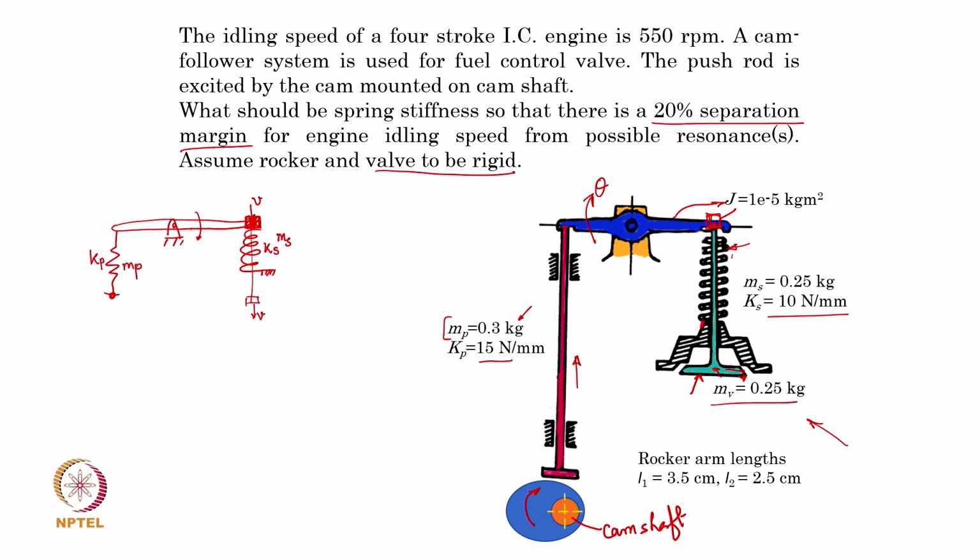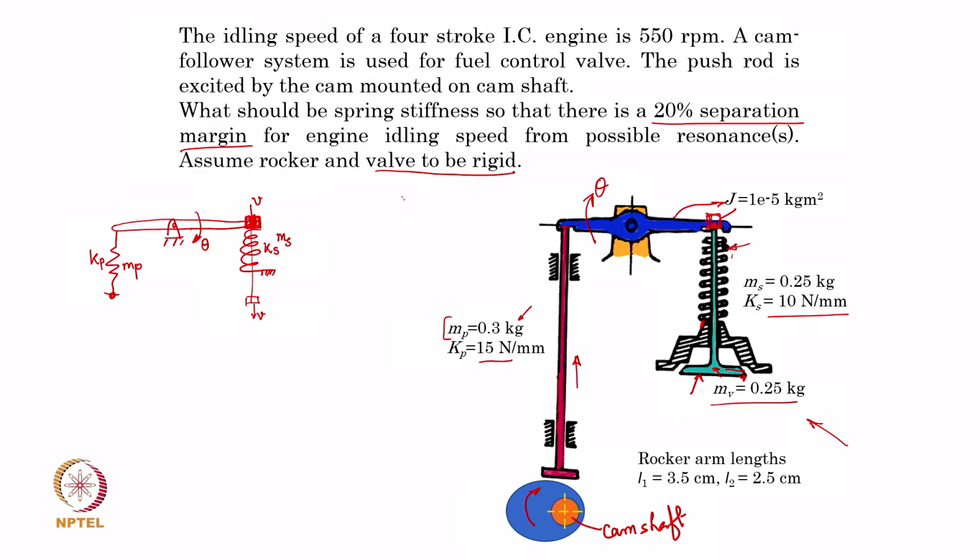So, now you can see that it is a very simplified model of this apparently more involved vibratory system, a push rod, rocker arm and valve all connected to each other. One of the simplified models is now this.